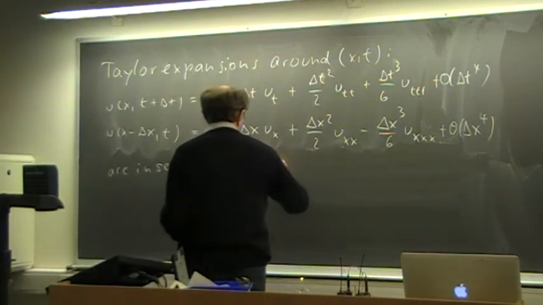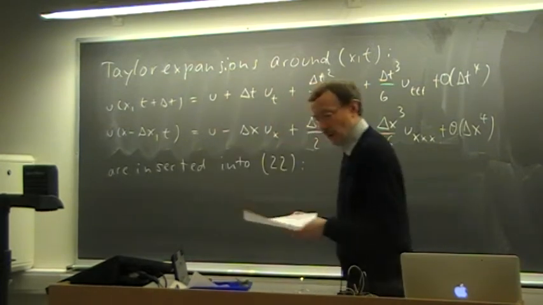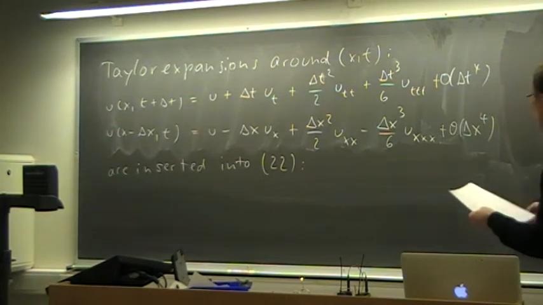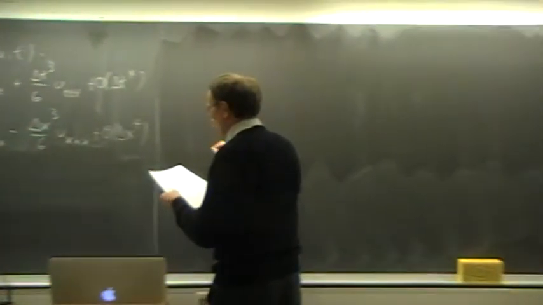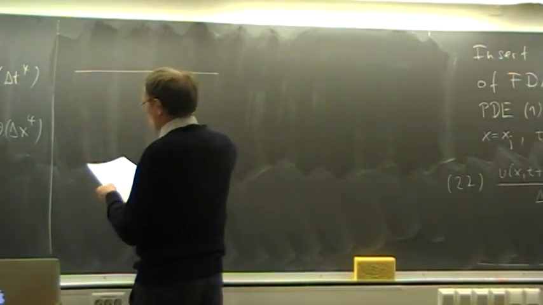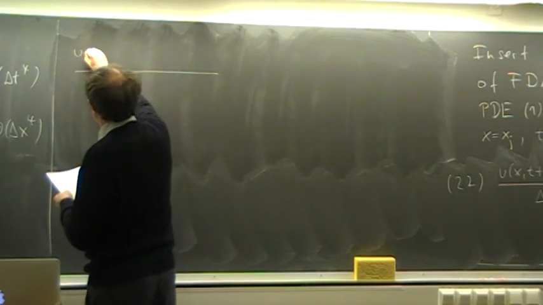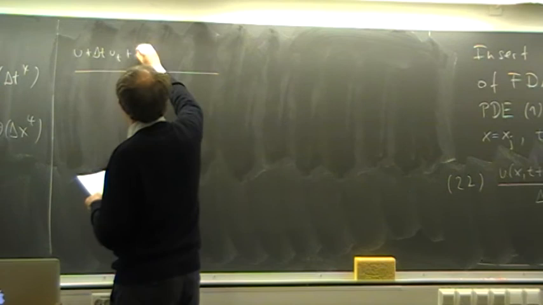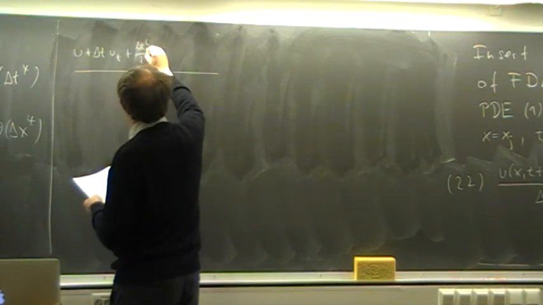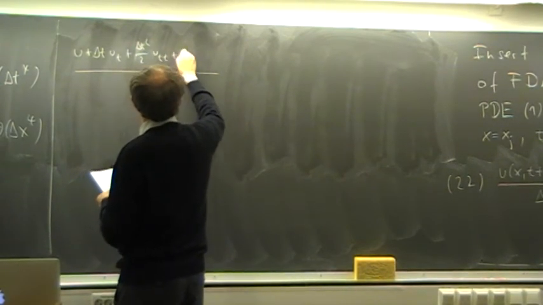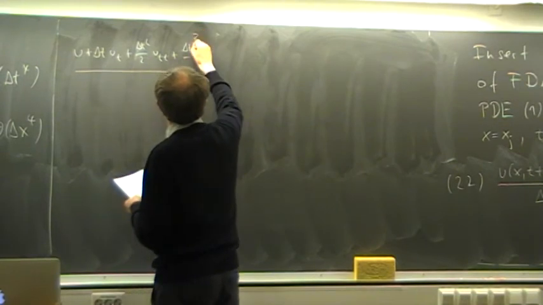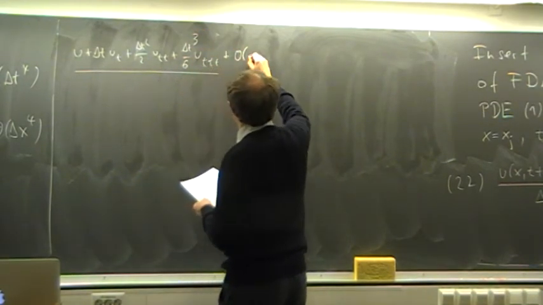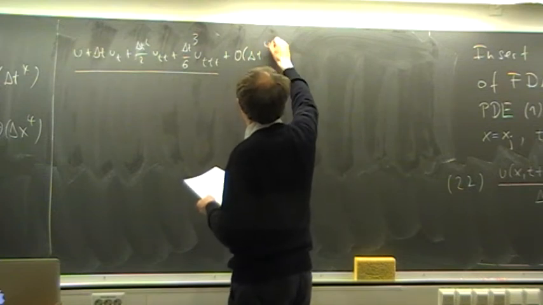Into 22. And then we get the following. So we have u plus delta t u_t plus delta t squared half u_tt plus delta t to the power 3 divided by 6, third time derivative, plus delta t to the power 4.